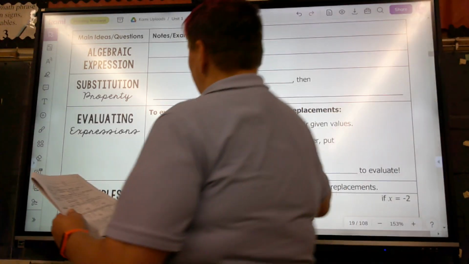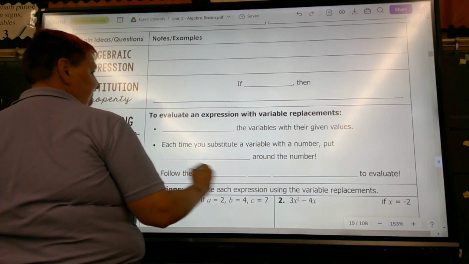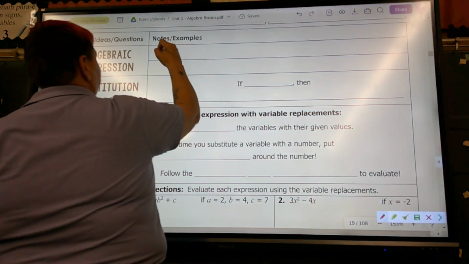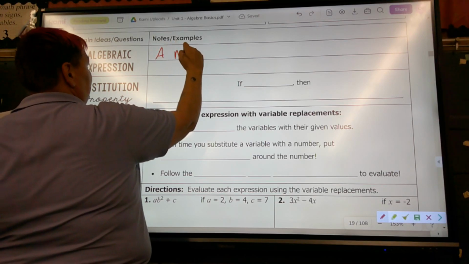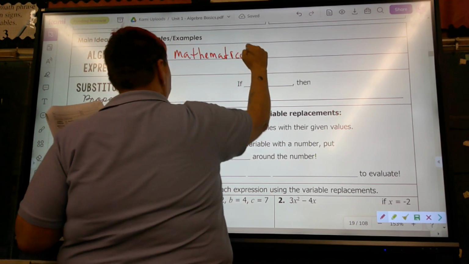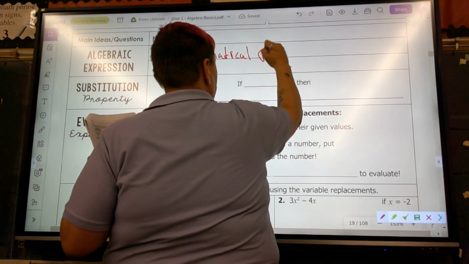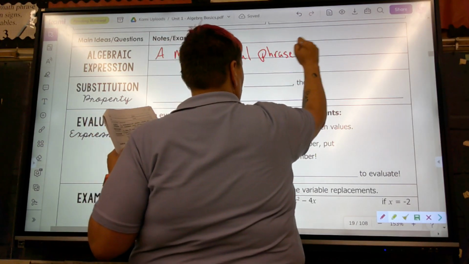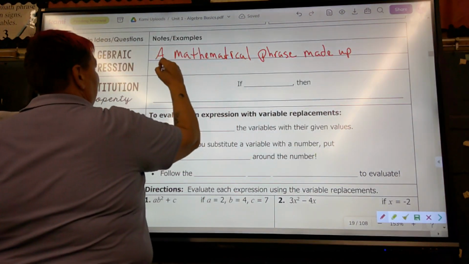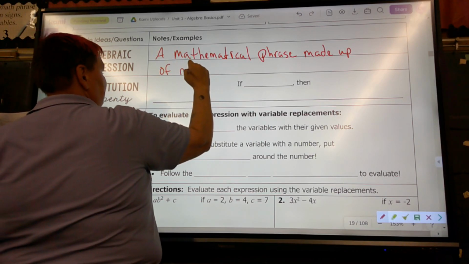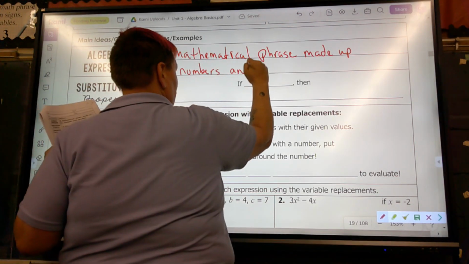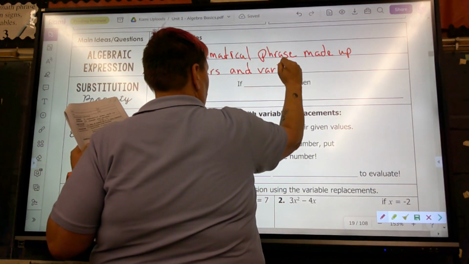Alright, so an algebraic expression is a mathematical phrase made up of numbers and variables.